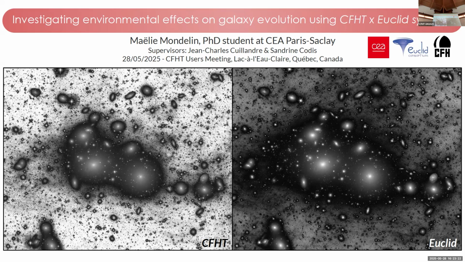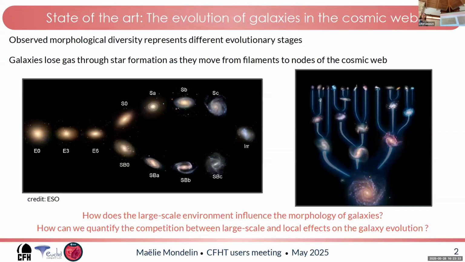So it's a bit in the continuity of some talks about the cosmic web. So keep in mind some other context. First of all, just a bit of the state of the art. In the standard picture, galaxies are born in small overdensities in the dark matter field, a bit around the filament, and then they evolve from filaments towards nodes, so the clusters.